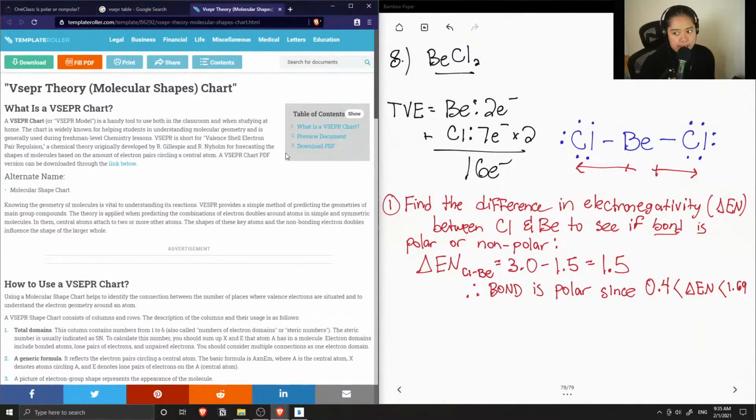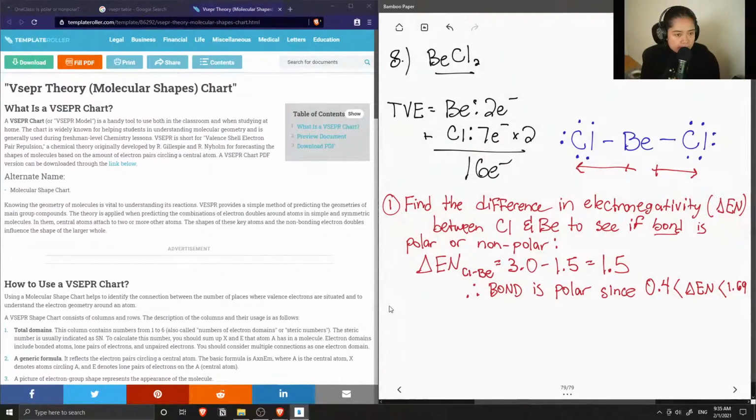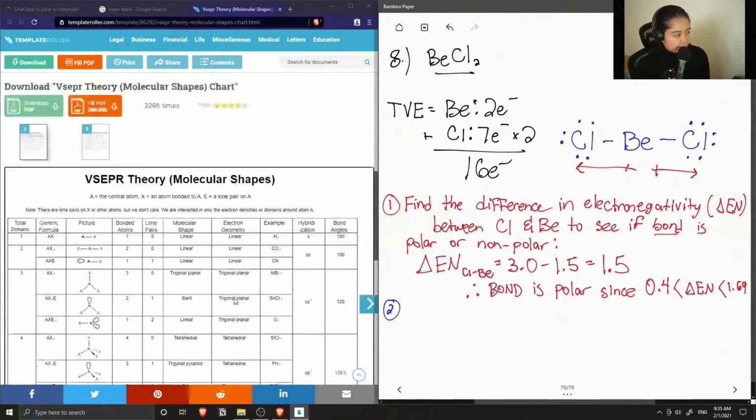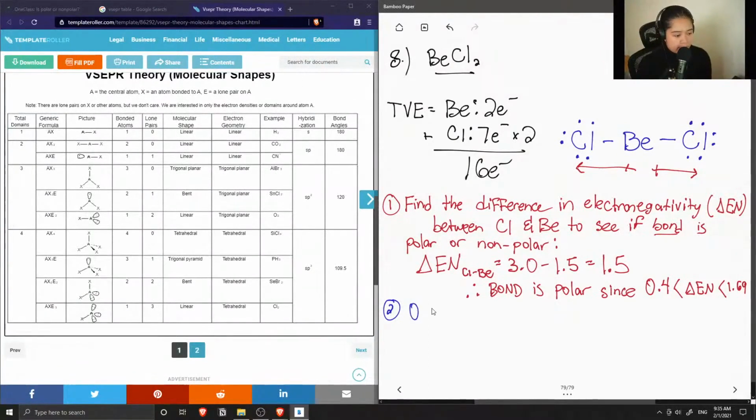And if we were to analyze our Lewis structure, we can see that our central beryllium atom has 0 lone pairs and 2 bonded atoms. So its molecular shape is linear.